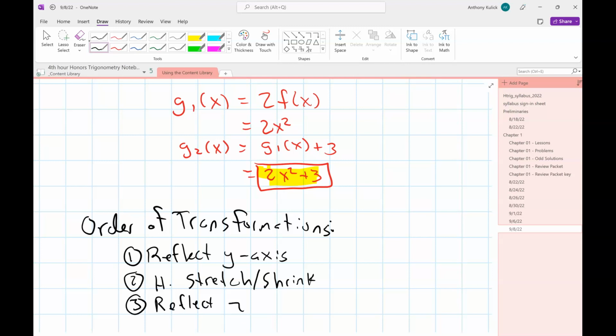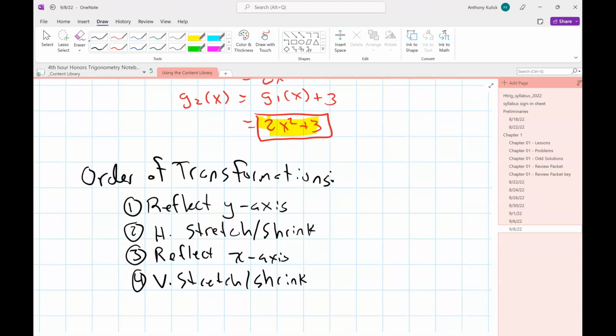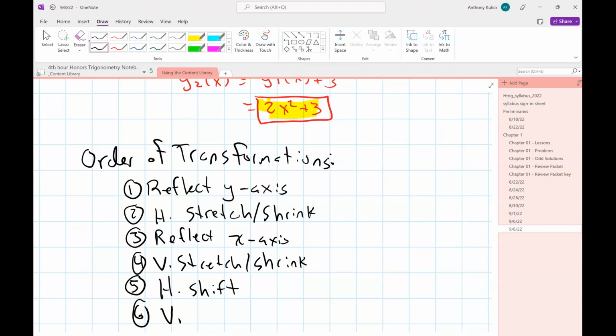Three, reflection across the x-axis. Four would be the vertical stretch or shrink. Five is going to be the horizontal shift, and six would be the vertical shift.